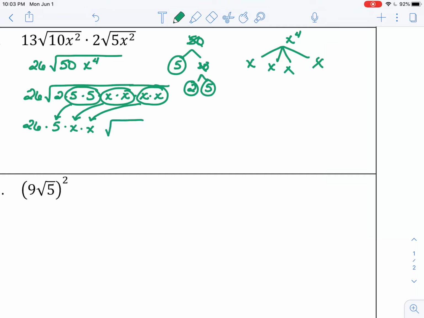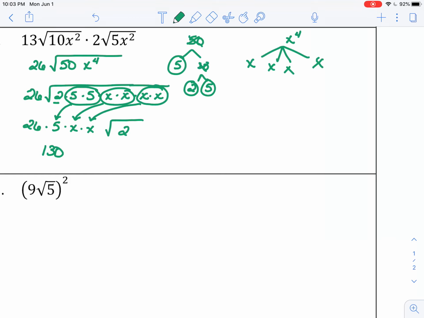Inside the radical will be anything that didn't get paired up, which is just this lonely little 2. So I'm going to multiply everything back together, and I'm blanking on 26 times 5. Sorry, 130. I could have done that in my head, but it's late for me.